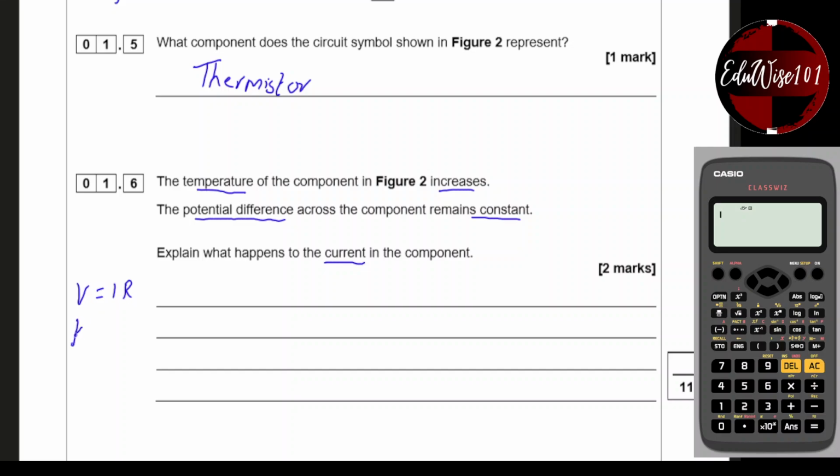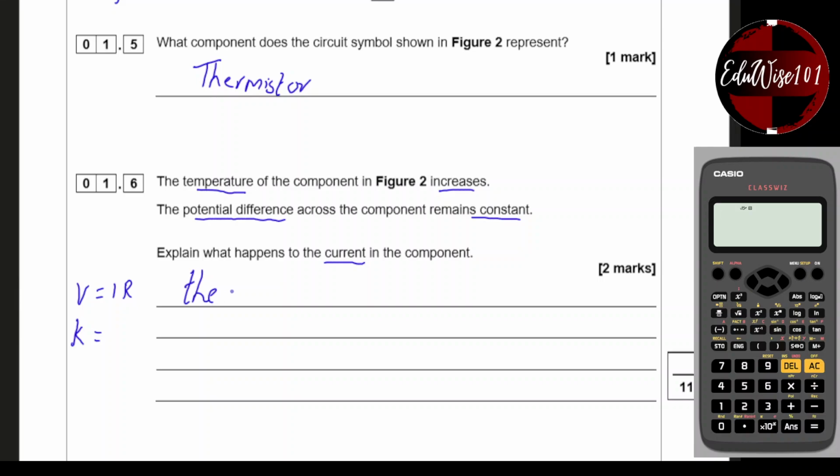If V is a constant, and if the temperature is increasing, what happens to the current? So you have to find out what is happening to the resistance when the temperature is increasing. Now, when the temperature increases, what happens to the resistance in the component?